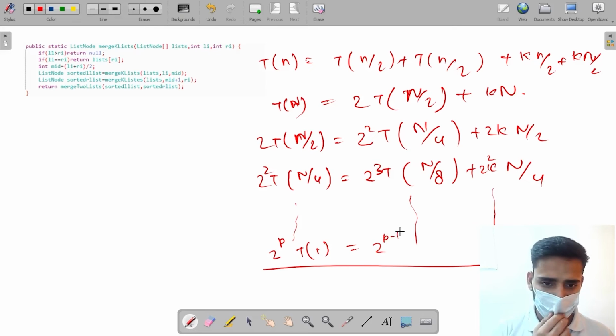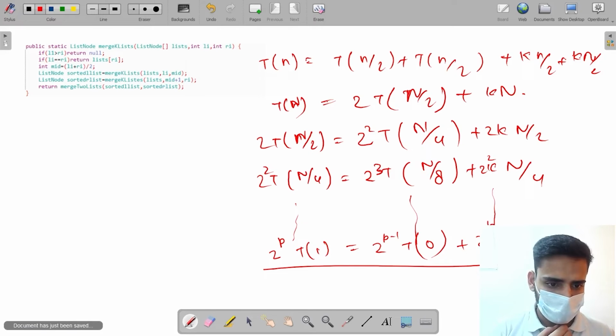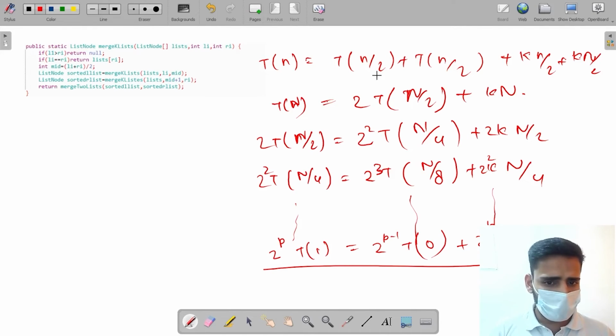From the relation we got, it will be T of 0 plus 2 to the power p times n by 2 to the power p. We have k also, k n by 2 to the power p. So what we get as a result is that all of this will be cut down again and again.